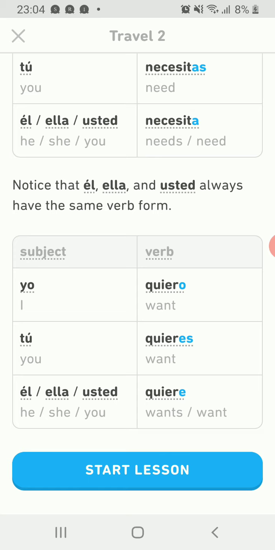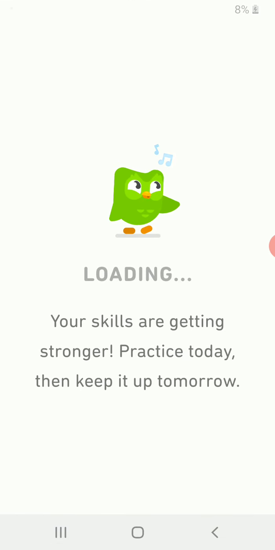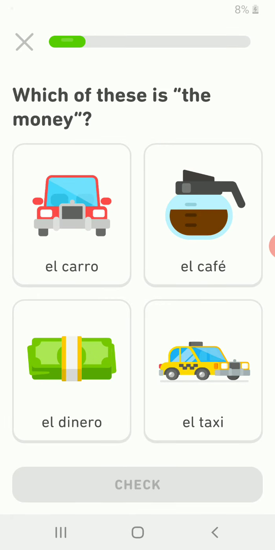Querer is to want, so yo quiero, tú quieres. Notice that the QUE became QUIE. Yo quiero, tú quieres, él, ella, usted quiere. Alright, we got this one, and we're going to now practice with one exercise.